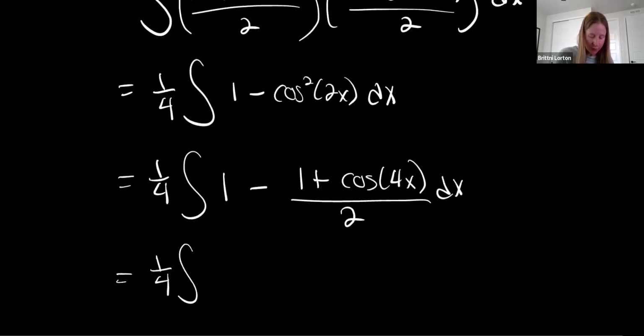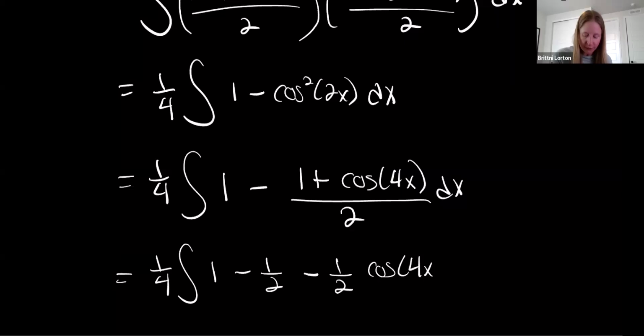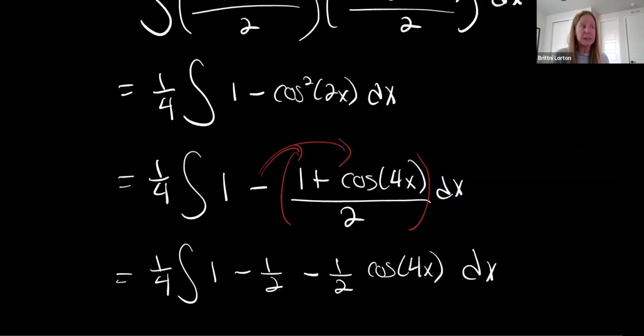So 1/4, 1 minus a half minus 1/2 cosine of 4x dx, because technically there was a set of parentheses here and that minus would need to distribute. Okay, that's a little trickier, I suppose, right? And then we would have to simplify from there.